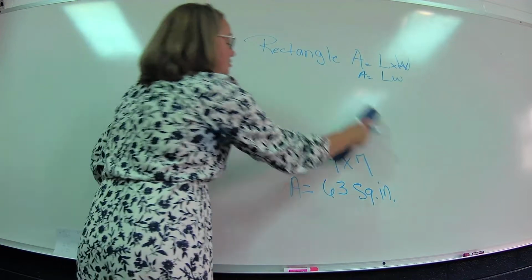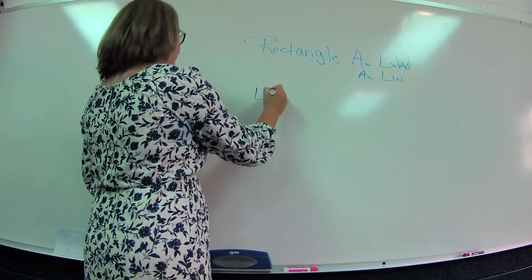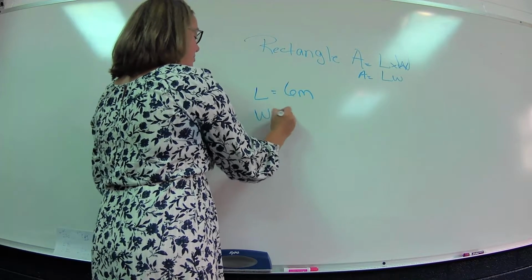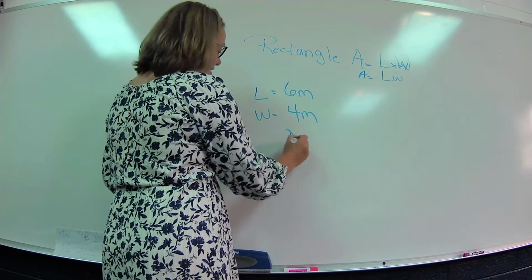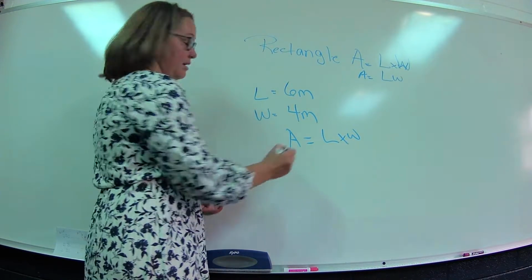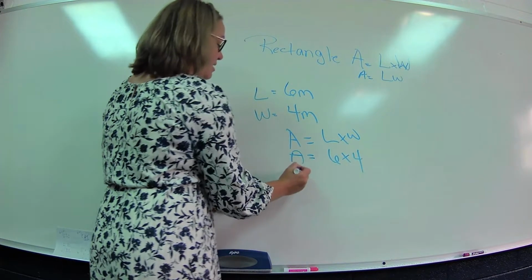Let's do some more measurements. You have the length equals 6 meters, and the width is 4 meters. So area equals length times width. Area equals 6 times 4.